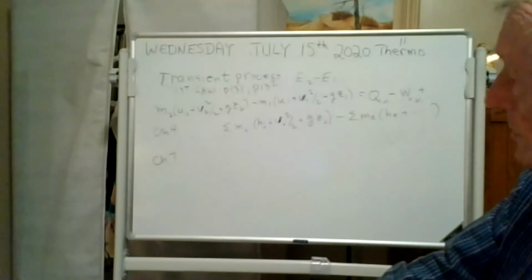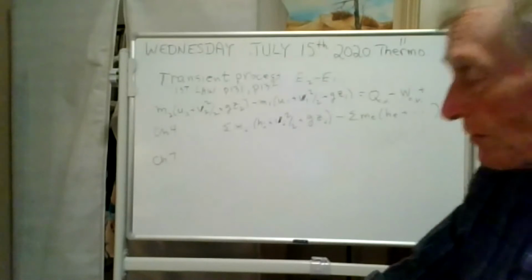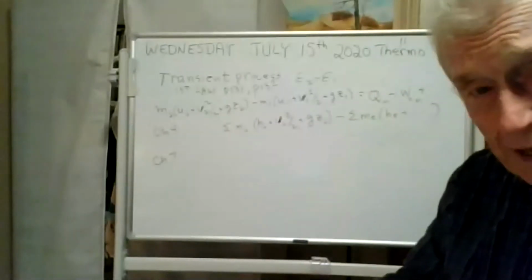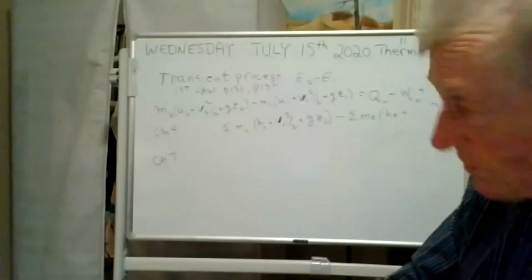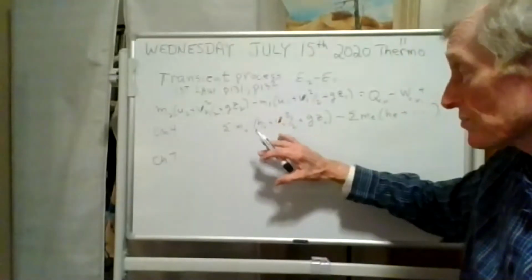What was I going to do? I got lost here. Oh, I was going to tell you that this right here is what I call the granddaddy of all the first laws. All the other first laws can be derived from this one.